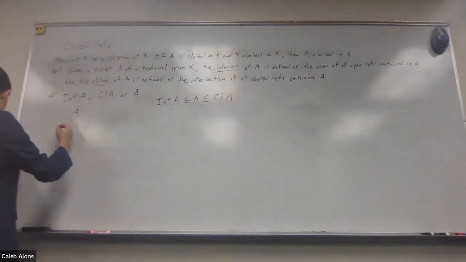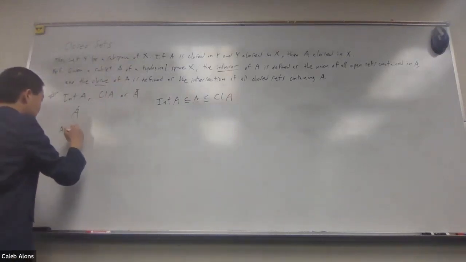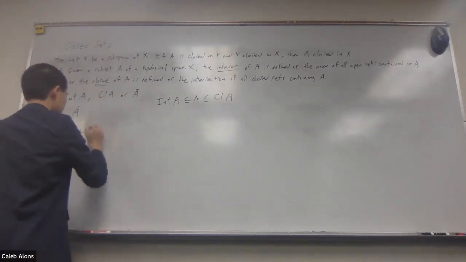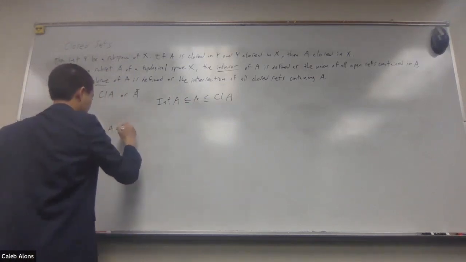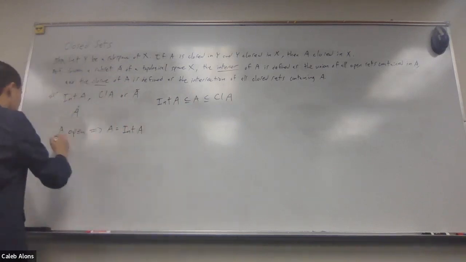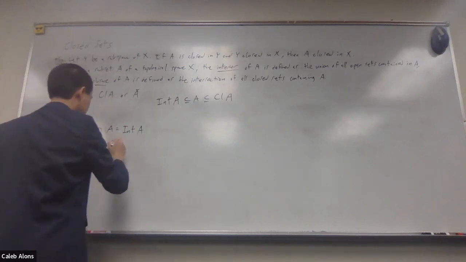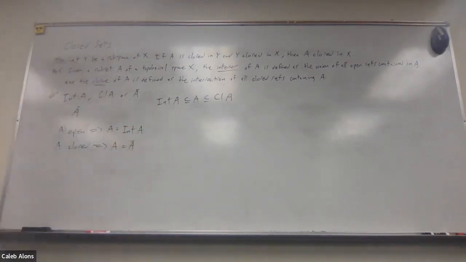So in the event that A is an open subset of X, then A is actually just its interior. And if A is closed in X, then A will just be its closure. Okay.